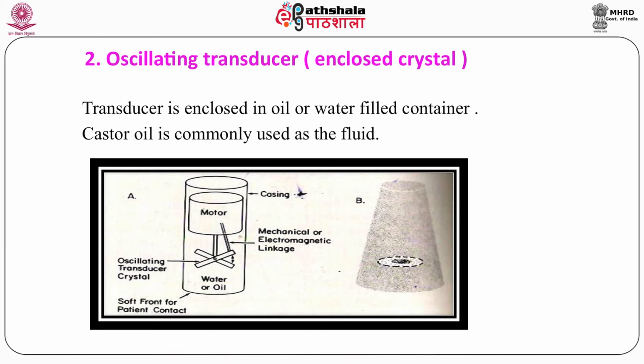If the transducer is mounted near the surface, a sector shape is produced. When the transducer is mounted several centimeters behind the front surface, a trapezoid image is produced. So you can have both sector and trapezoidal images, as you can see in this figure showing the oscillating type of transducer.